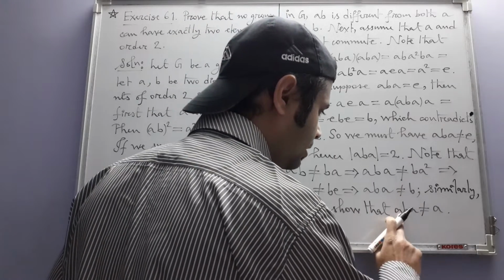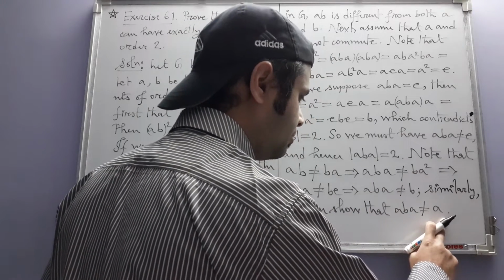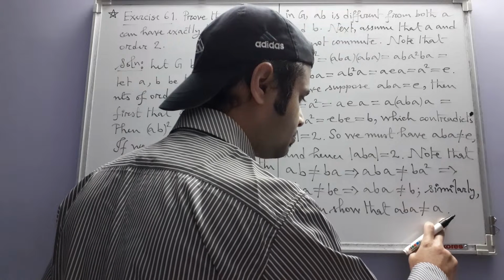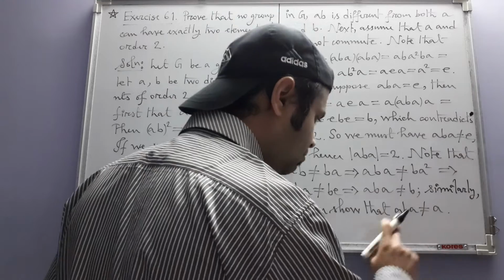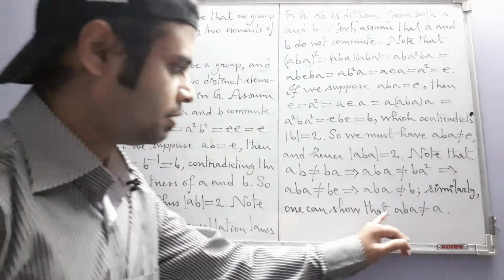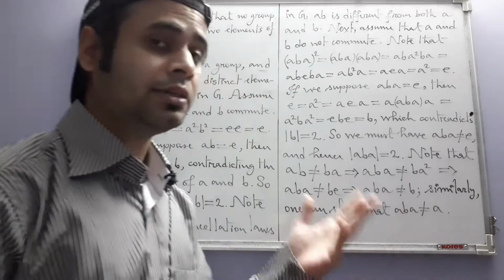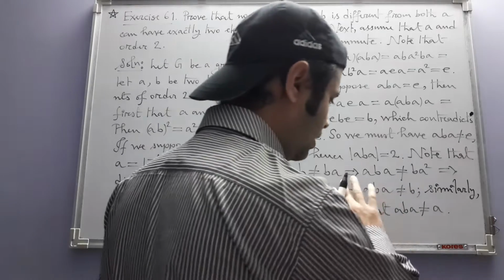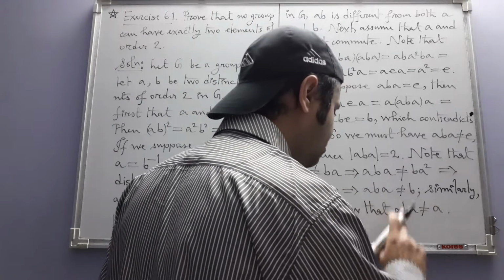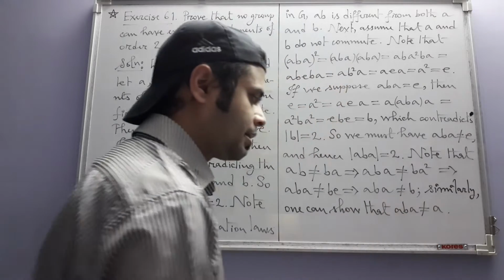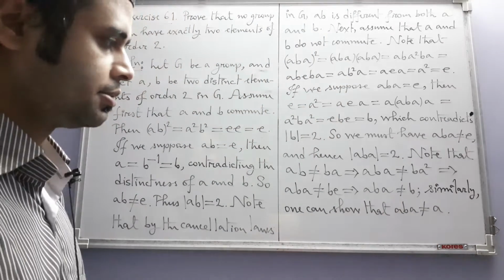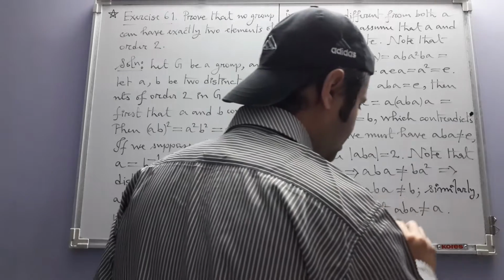You assume that ABA is equal to A, then that will imply what? Oh, that is something different, okay. So it will not proceed in this way. If you assume ABA is equal to A, then you can cancel one A from both sides. That will give you what?